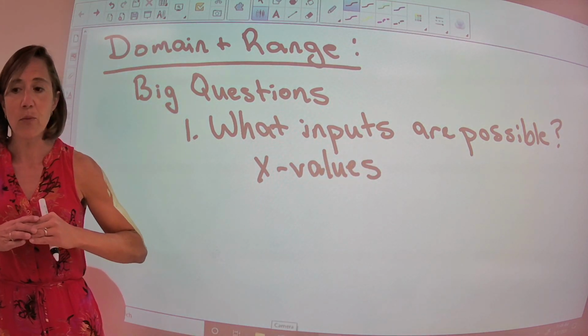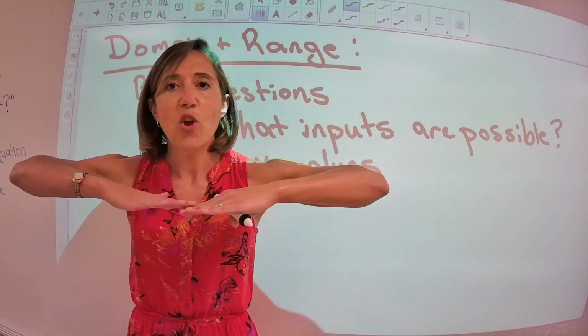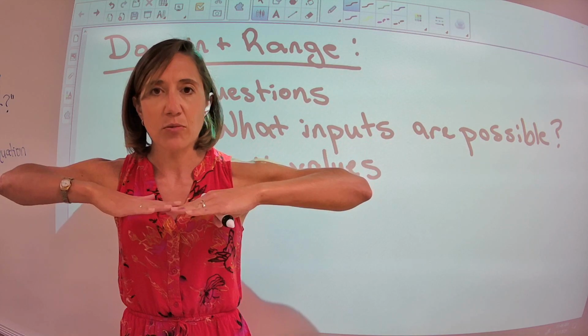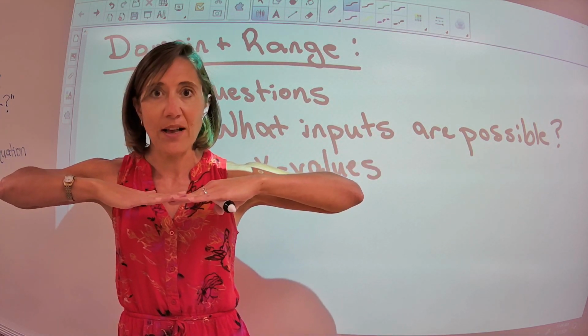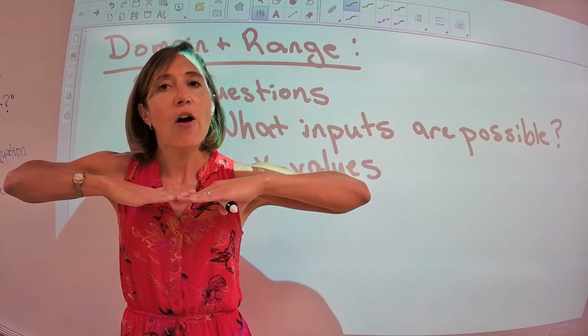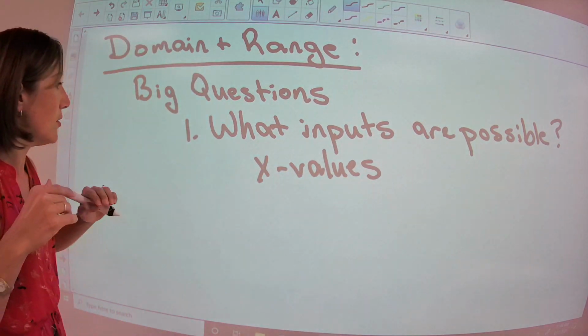Now, if you remember from graphing things, this is the x-axis. The x-axis runs horizontally, left to right. So when we're looking at what inputs are possible or what x values are possible, we want to think about how far to the left or how far to the right the graph goes.